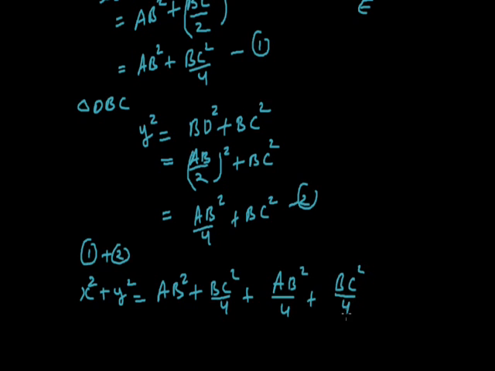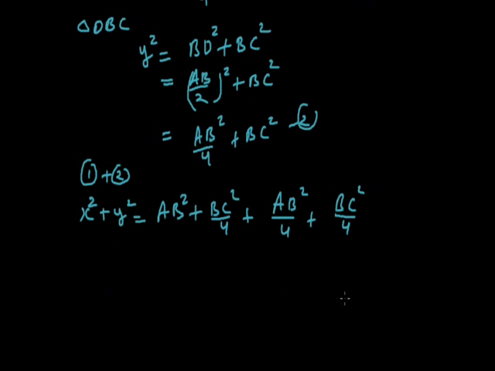Now AB square and AB square by 4 get added. The coefficient of AB square is 1 and here the coefficient of AB square is 1 by 4. When 1 is added to 1 by 4 we get 5 by 4.